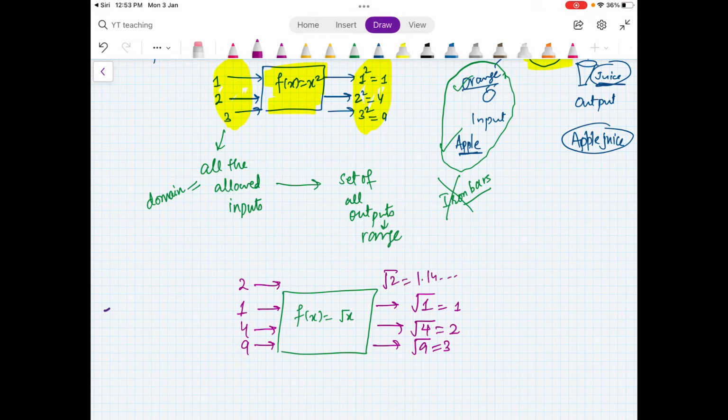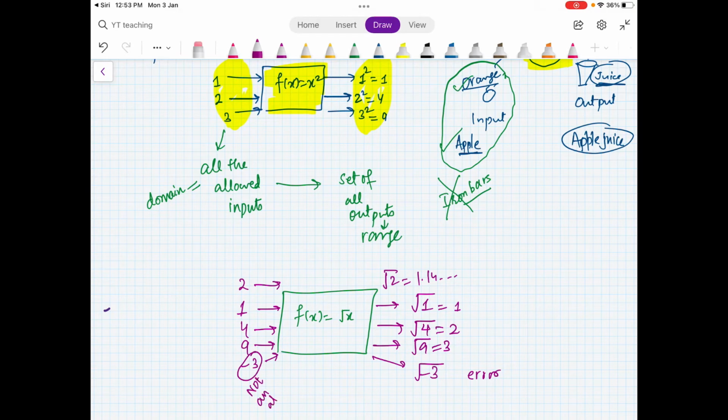But if I feed minus 3, the machine will say error, because the square root of minus 3 is not possible if you are talking about real numbers. We are not talking about complex numbers right now. So that is not an allowed input.